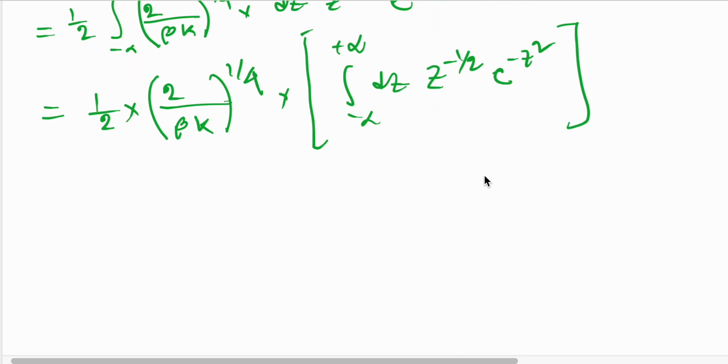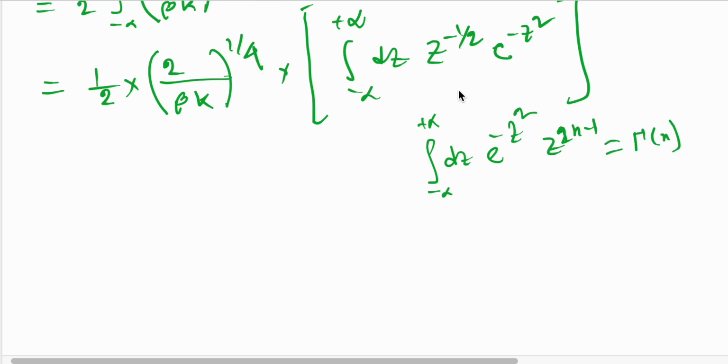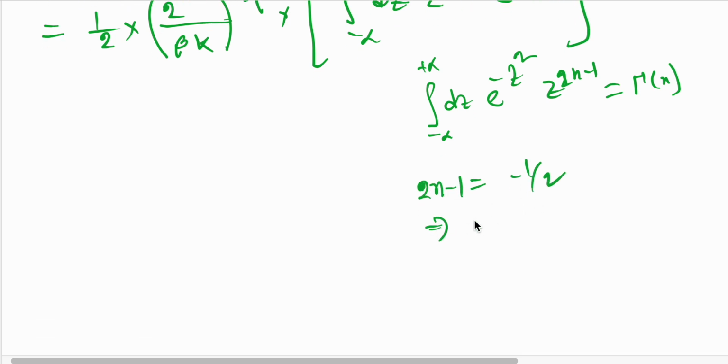This integration you can write in terms of the gamma function. We know that the integral from minus infinity to plus infinity of dz e to the power minus z square z to the power 2n minus 1 is equal to gamma n. So here 2n minus 1 equals minus half, that means 2n equals plus half, and n equals 1/4.